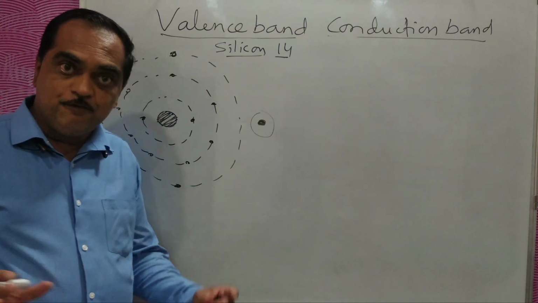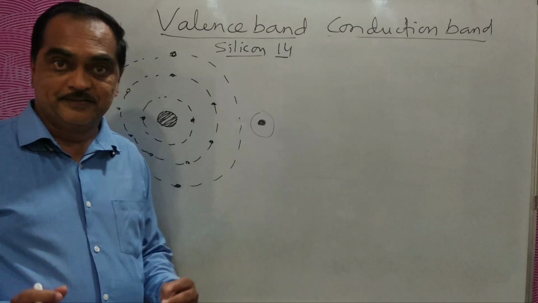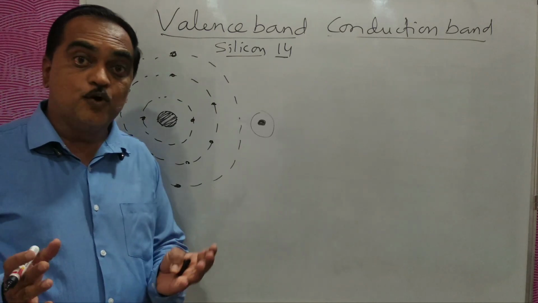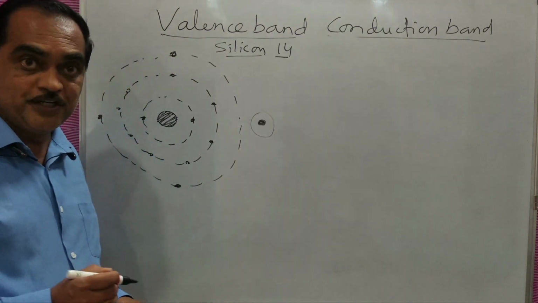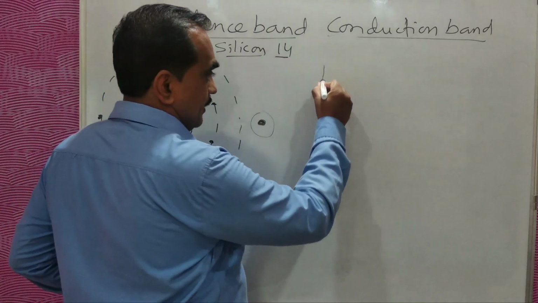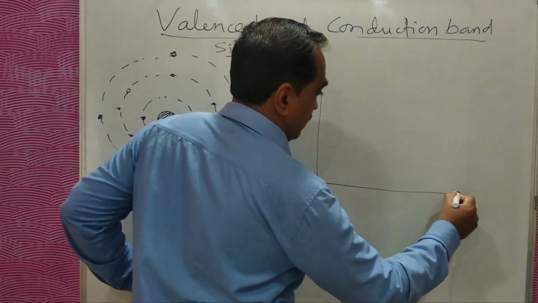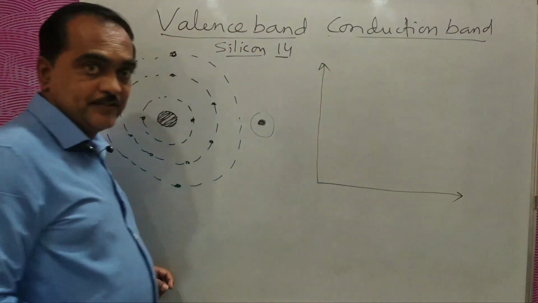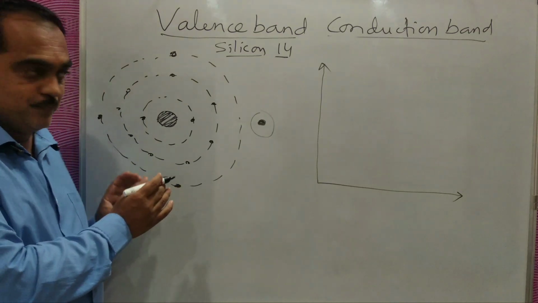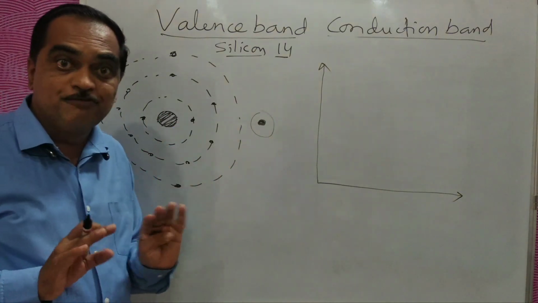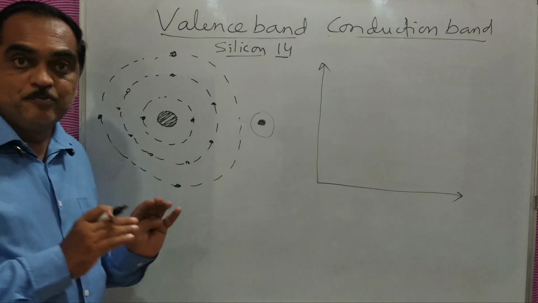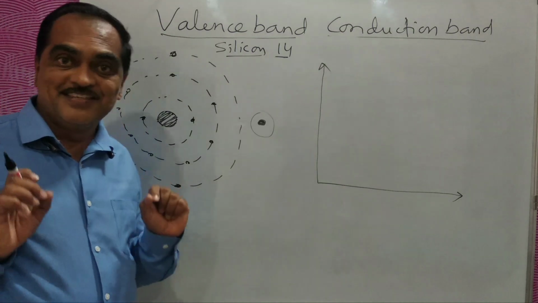Now similarly, if you have many atoms together, and if you want to draw the energy band diagram for it, then you see the energy band of the last orbit. You don't take first, second, you take only the last orbit, because we want to speak only about valence electrons.